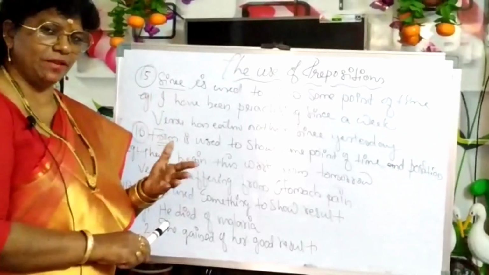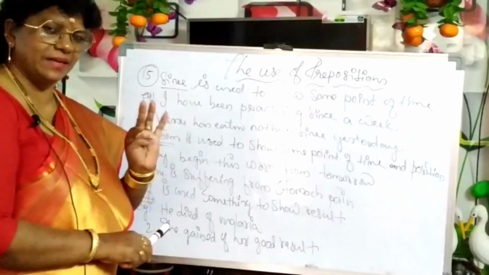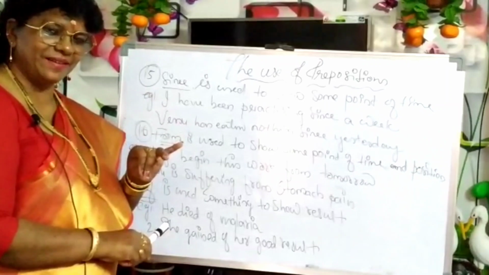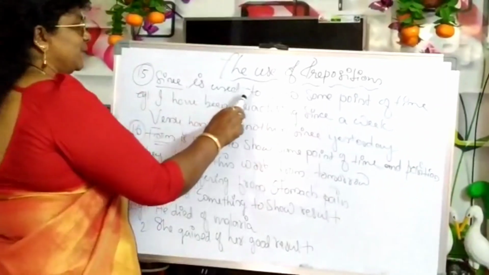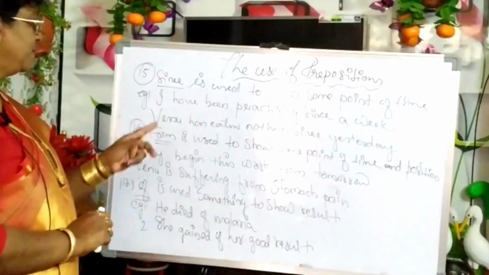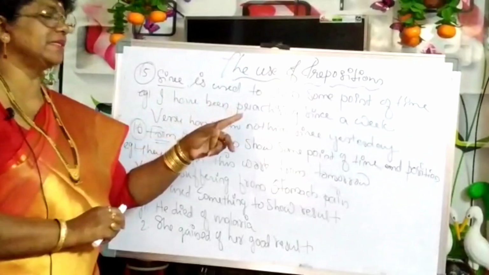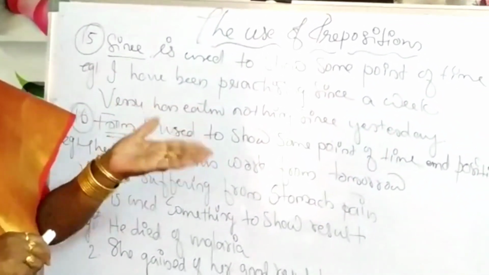Since. Where will we use since? Present perfect continuous, past perfect continuous, and future perfect continuous. Since is used to show some point of time. I have been practicing since a week. Venu has eaten nothing since yesterday.